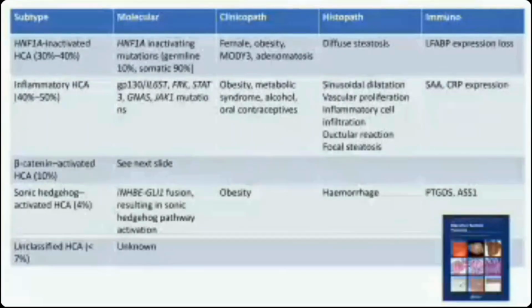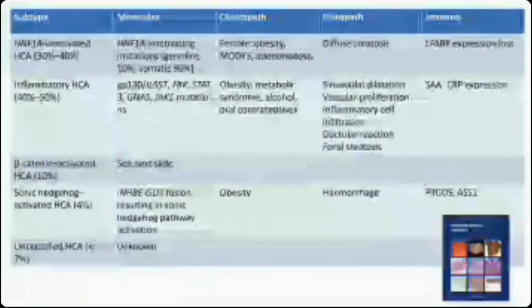We usually go on morphology and the fact that it doesn't fit immunohistochemically with the other adenomas, and theirs is quite hemorrhagic. They're important because they have an increased risk of hemorrhage.